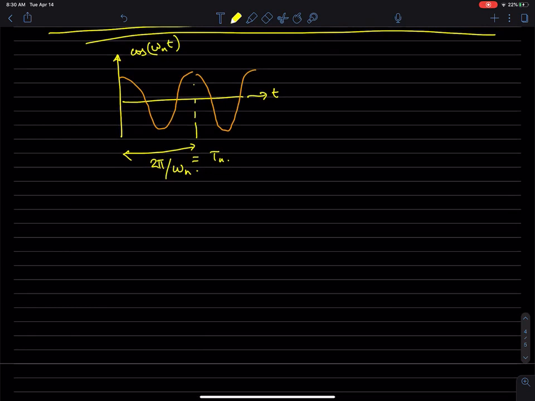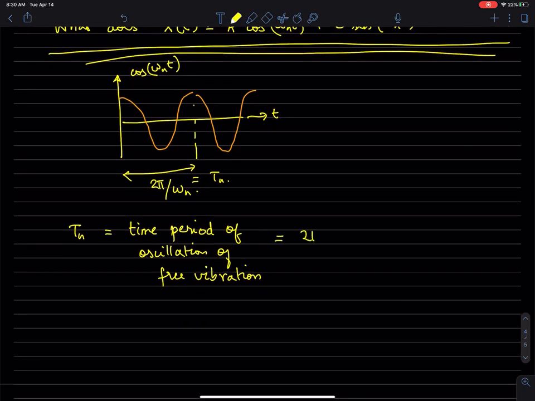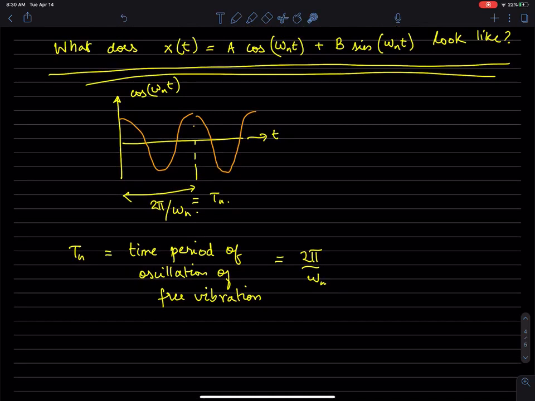So Tn is the period of free vibration. We'll develop on that, and that's equal to 2 pi by omega n. We'll develop on this in a minute, but let me draw the picture for sine omega t.